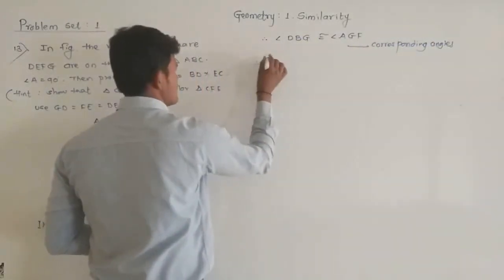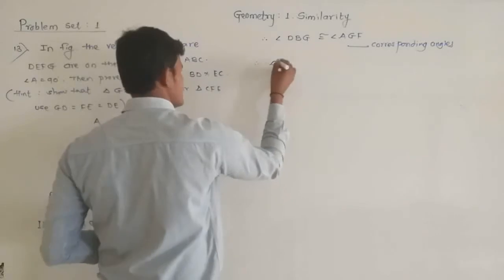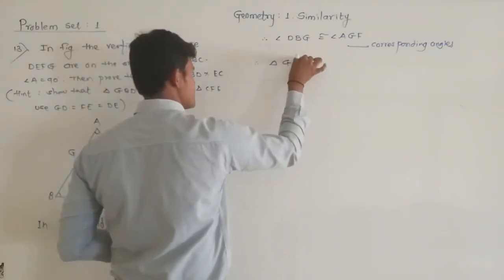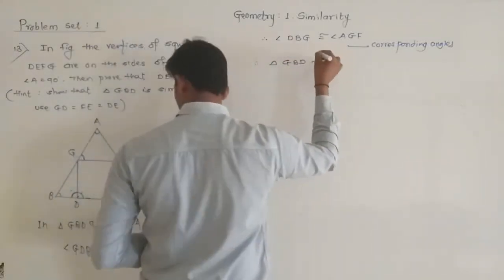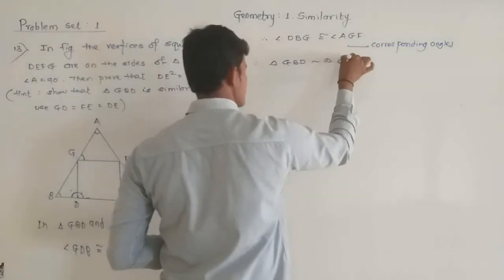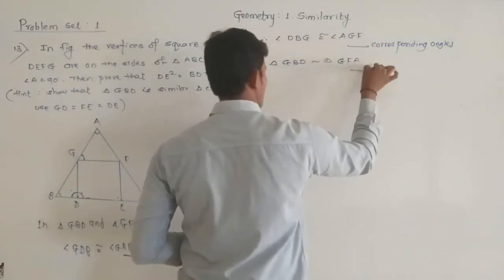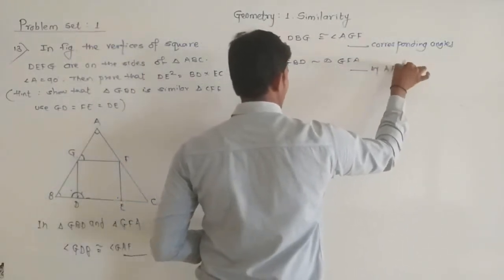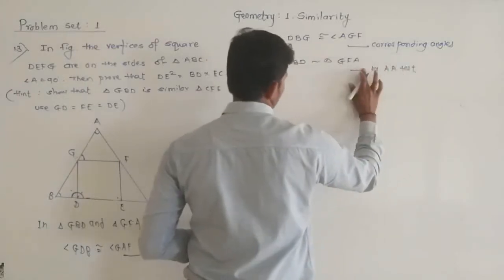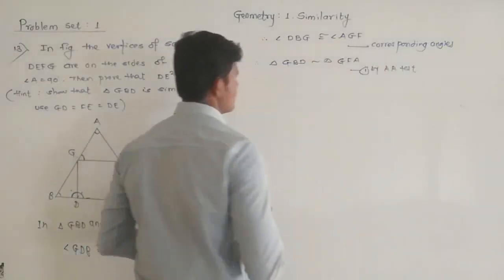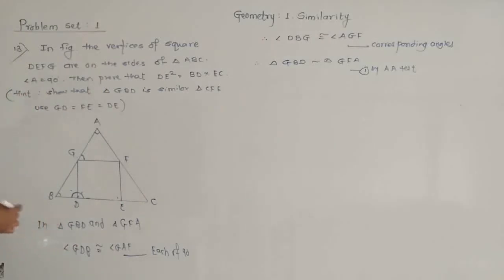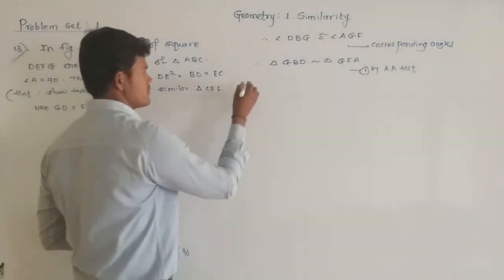So triangle GBD is similar to triangle GFA by angle test of similarity. This is equation number first. Now prove that triangle GFA is similar to triangle CFE.